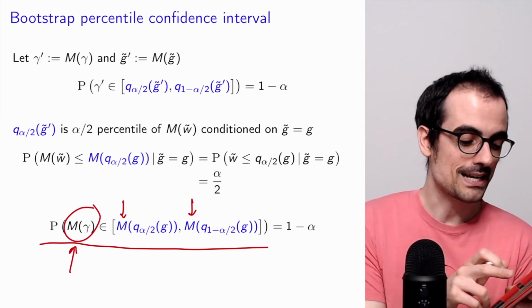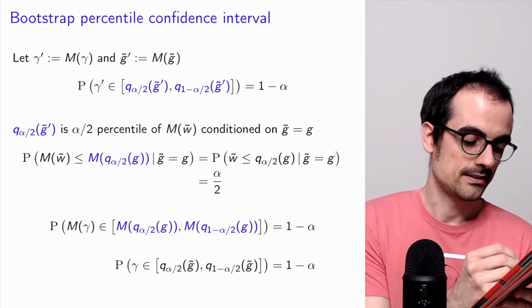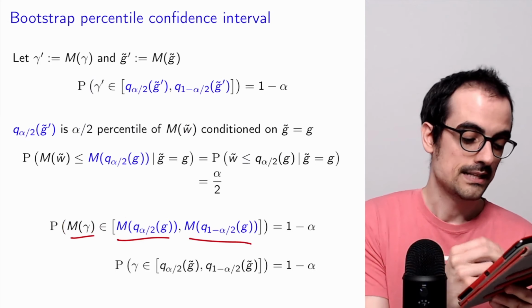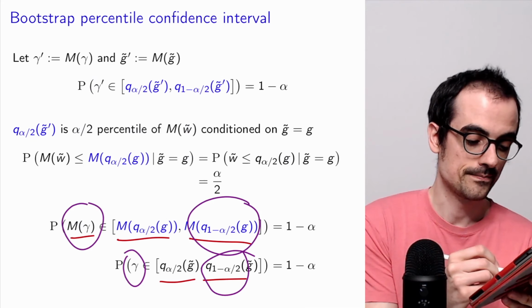So this immediately implies that if this is between these two, then gamma has to be between the alpha half percentile and the 1 minus alpha half percentile, by the same argument as before, where this is a monotonic transformation. So in particular, if this is smaller than this, then this is smaller than that.